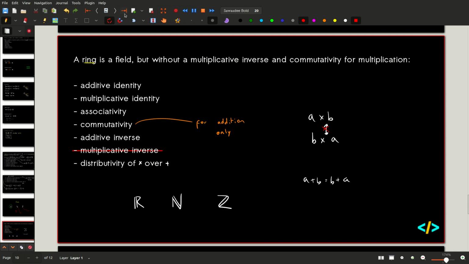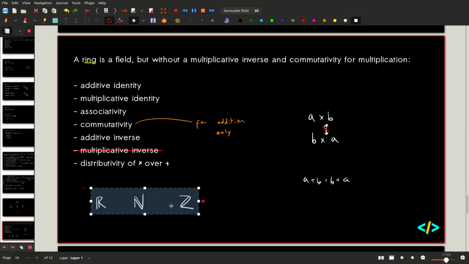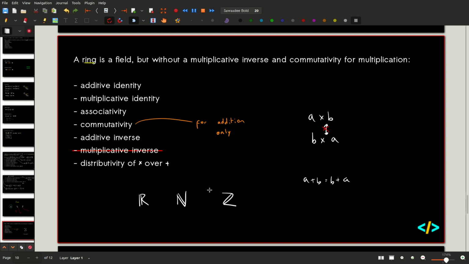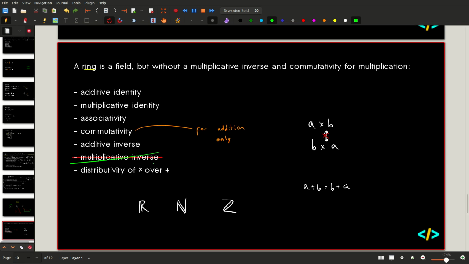Let's think back to what was holding us back for some of them, or what conditions we've got rid of that now allow. So up here we said integers aren't a field just because they don't have a multiplicative inverse. But with a ring, that isn't a requirement anymore. So integers would constitute as a ring.